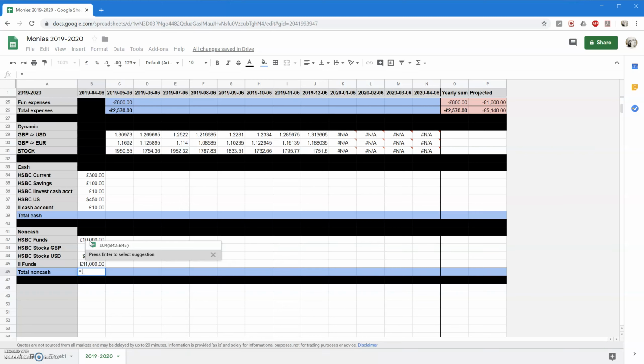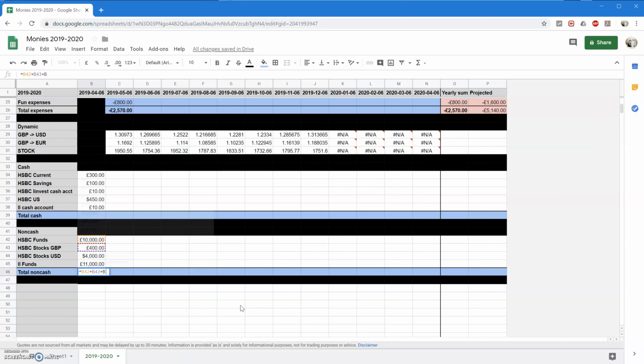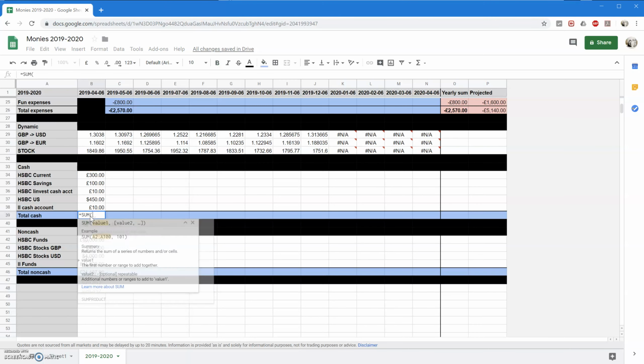Here, we need to be careful with the units. It's B42 plus B43 plus B44 divided by B29 and then B45. We need to extend these. There. So total non-cash and total cash. This is the same.